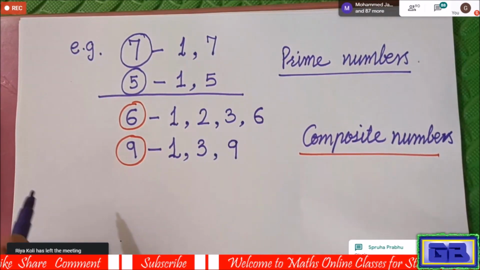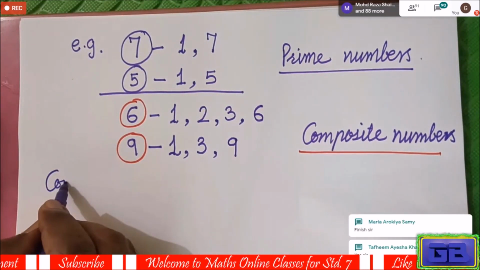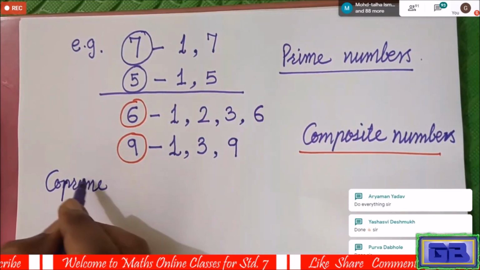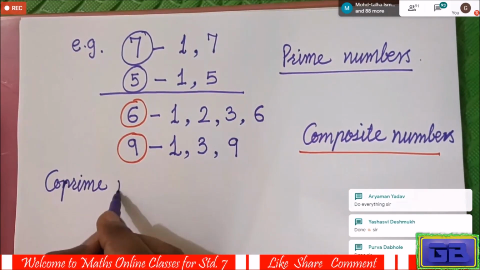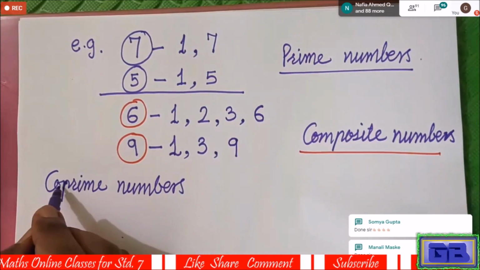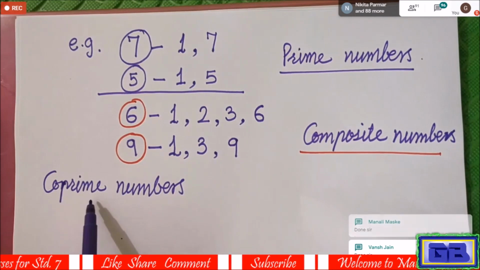Write down. Put a small dash in between co and prime.